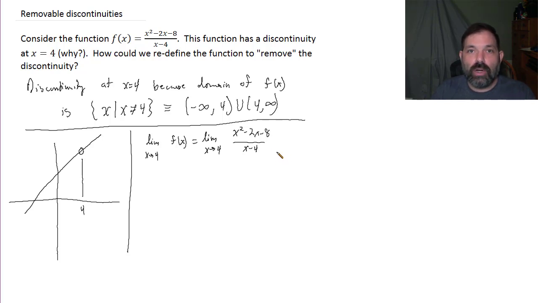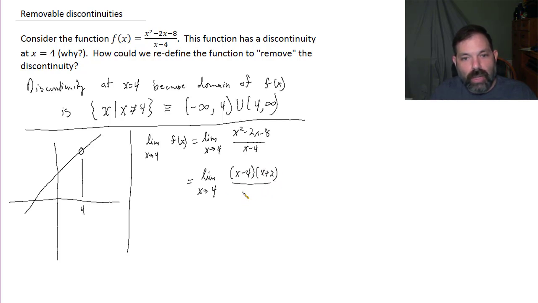This is an indeterminate form. So if we apply a little algebra, this is the limit as x approaches 4 of x minus 4 times x plus 2 over x minus 4. And so this is the limit as x approaches 4 of x plus 2, which is 6. And so we have an open point on this curve at 4, 6.